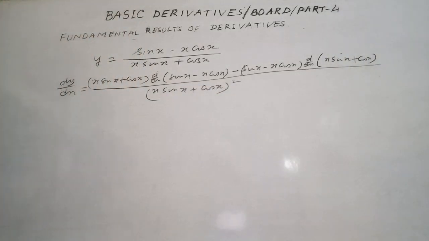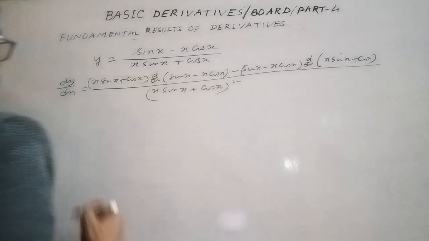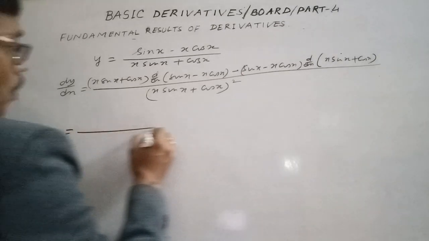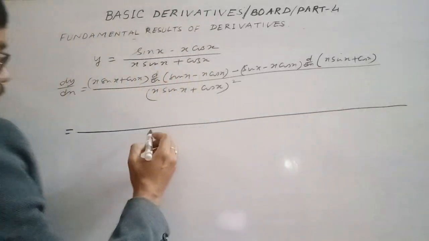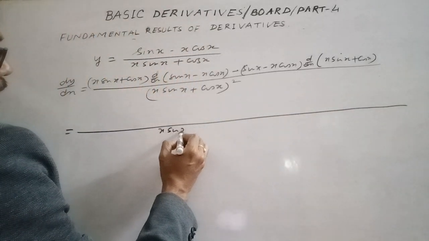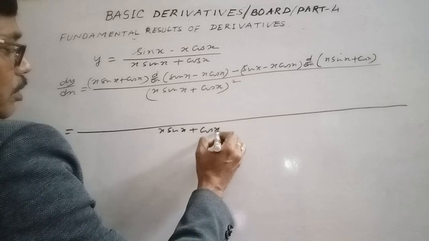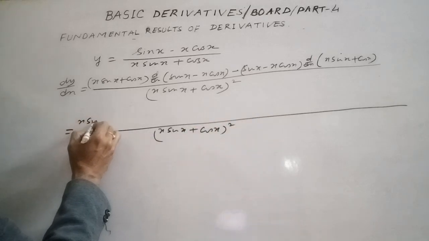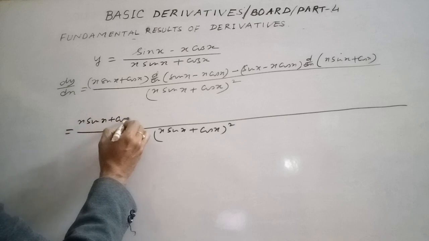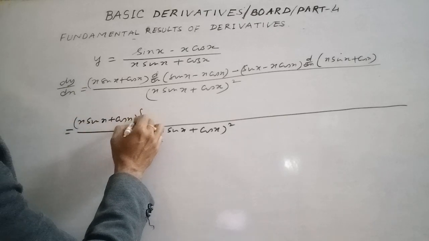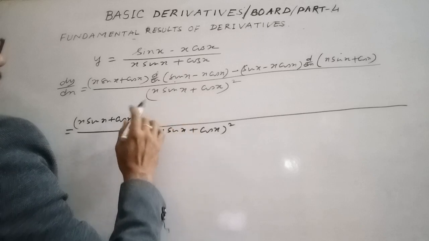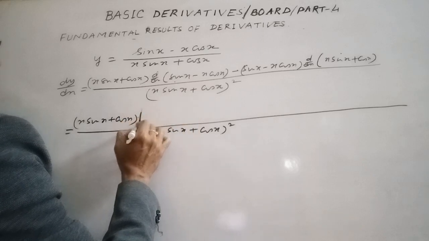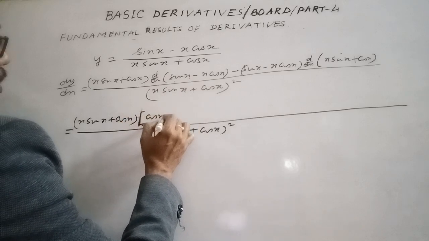Now you perform the derivative. So (x sin x plus cos x) whole square. X sin x plus cos x, this one is unchanged. Now derivative of sin x is cos x.